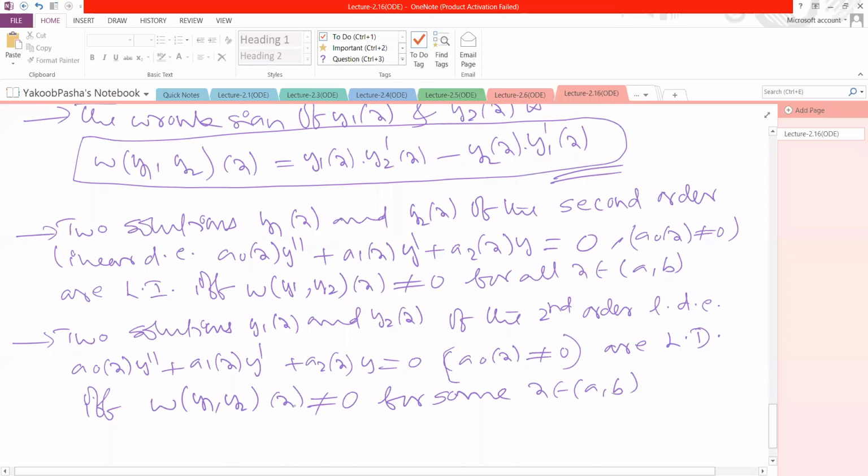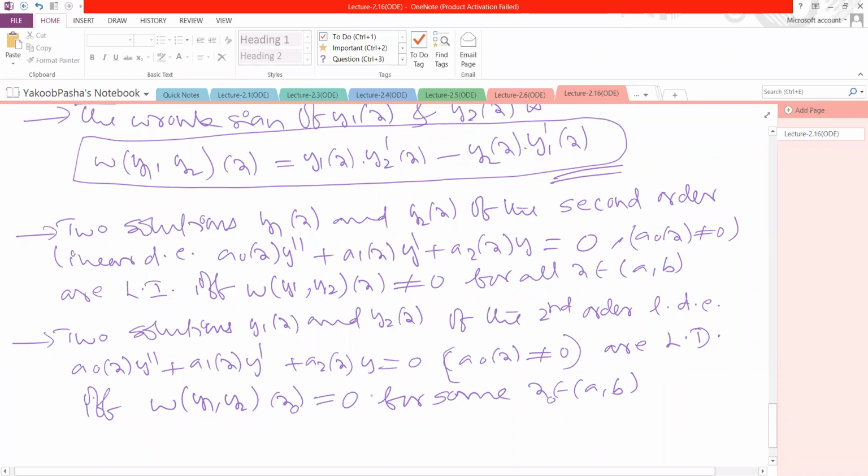Yes, it is equal to 0. That means at a particular point x naught in the given interval, at any point, if the Wronskian is equal to 0, then we say that the solutions are linearly dependent solutions.